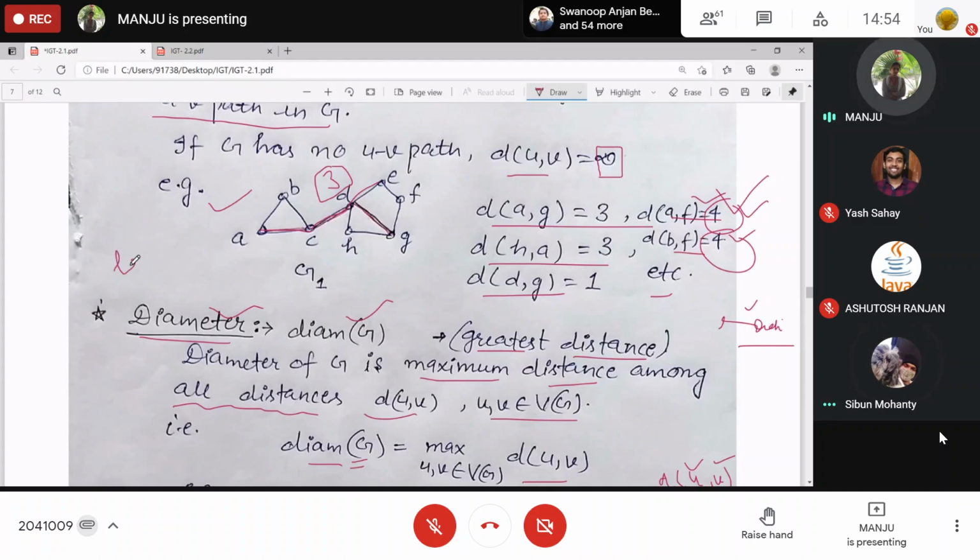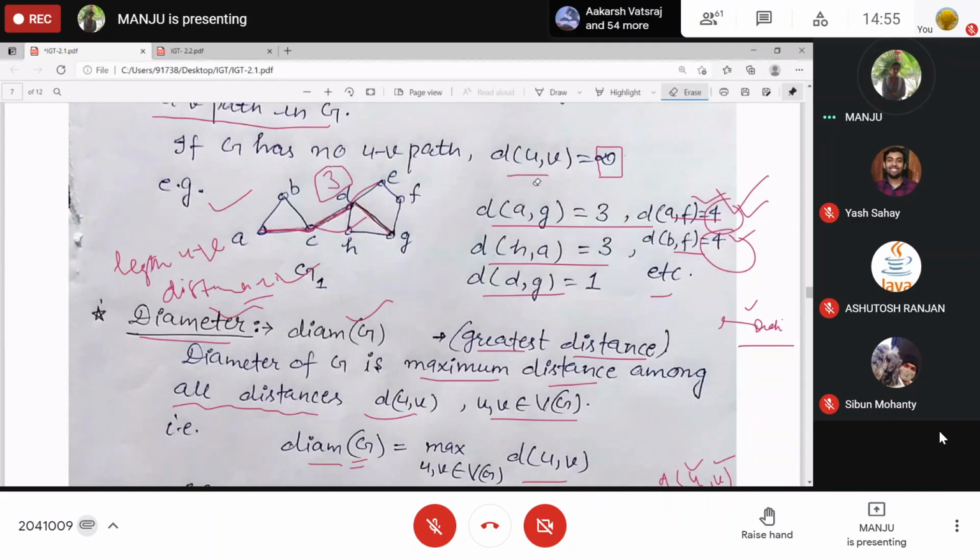I think you are confused between the length of a path and distance. The length of a U to V path may be different from the distance between U and V. Distance is the smallest path length. The smallest path is this one, direct.